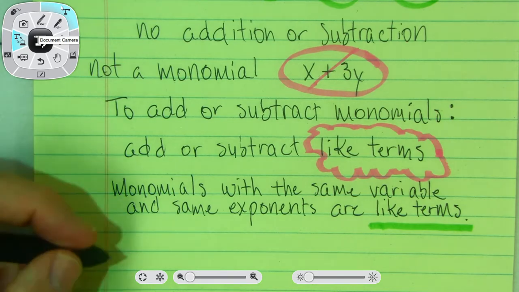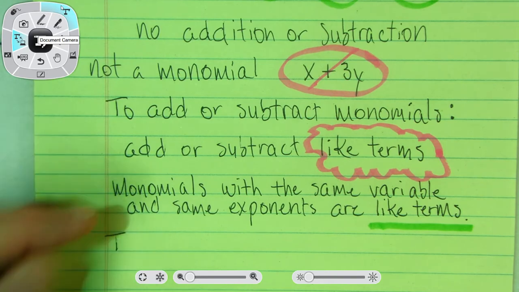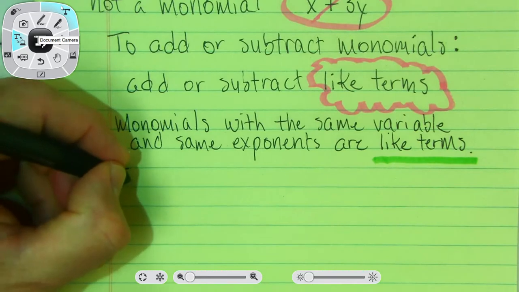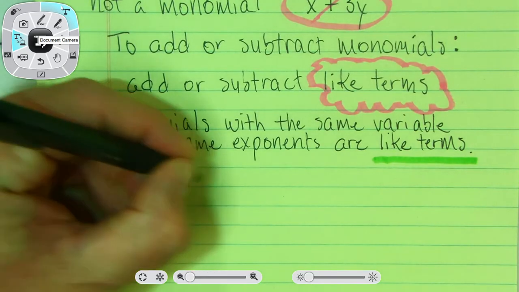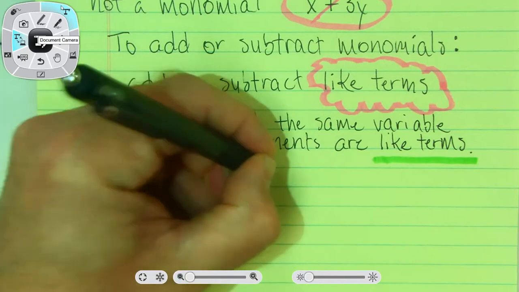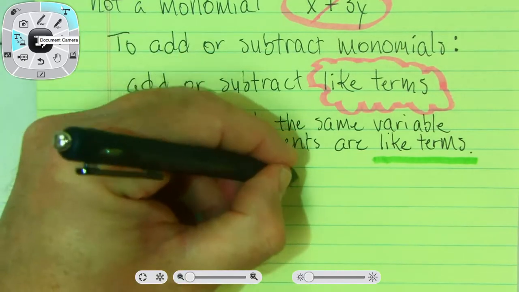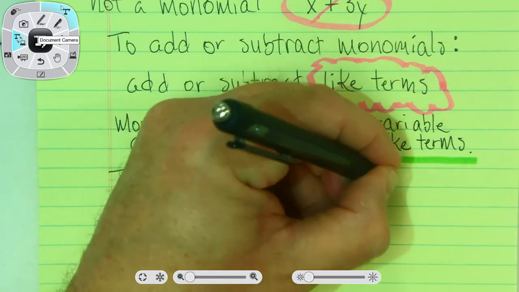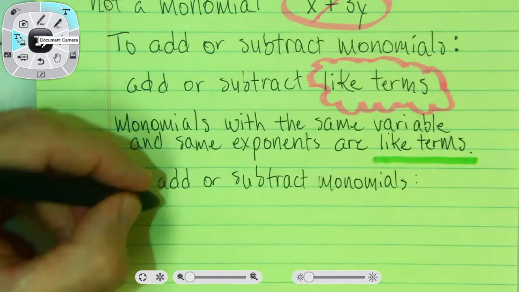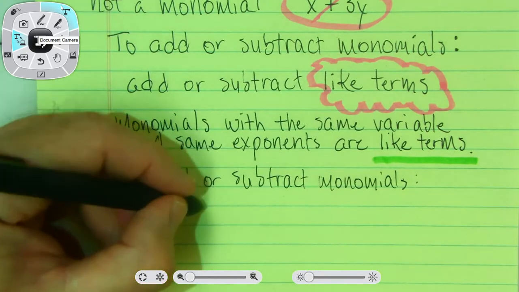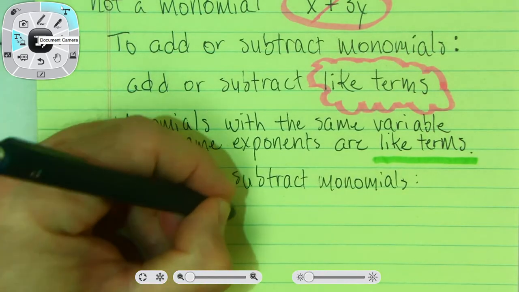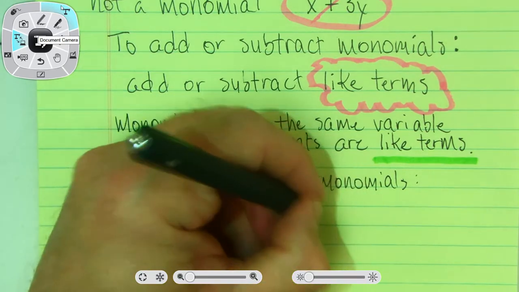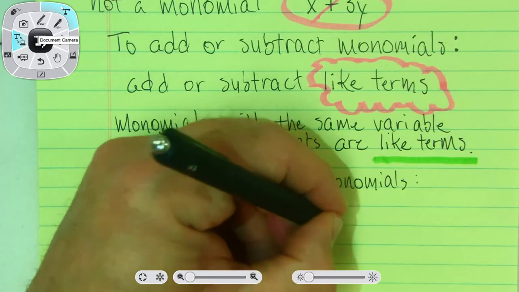So all we have to do to add or subtract monomials is to add or subtract like terms.